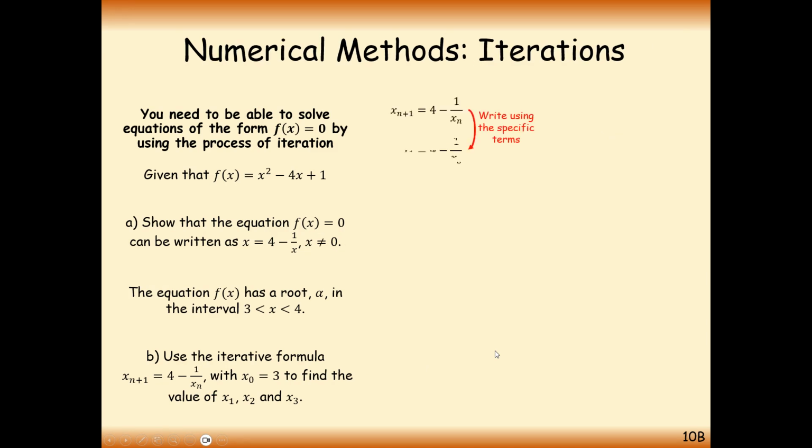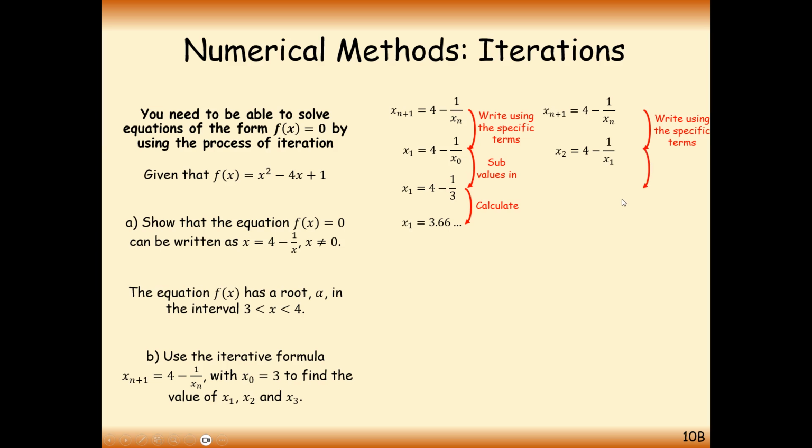That will put the first value of 3 as the input into the equation, evaluate it, and you get 3.66. If you press the equal sign again, your calculator automatically feeds it back into the same function, which was 4 take away 1 over x, and then you get the next answer.